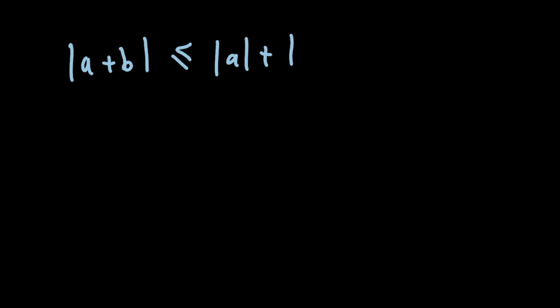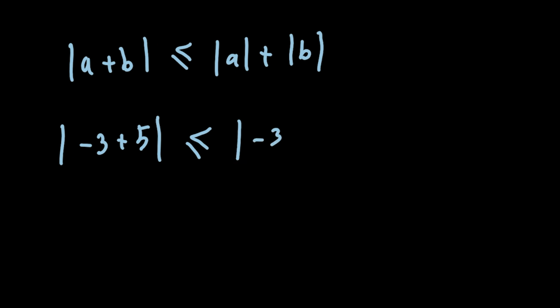Let's see the last property. It says that the absolute value of a plus p is less than or equal to the absolute value of a plus the absolute value of p. For example, the absolute value of minus 3 plus 5 is less than or equal to the absolute value of minus 3 plus the absolute value of 5.